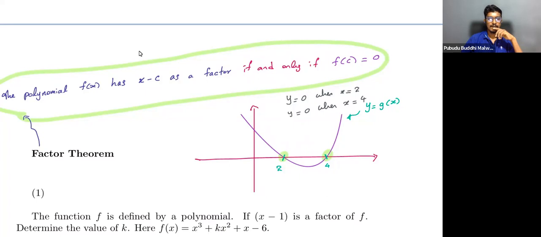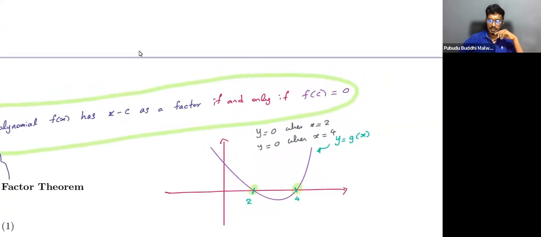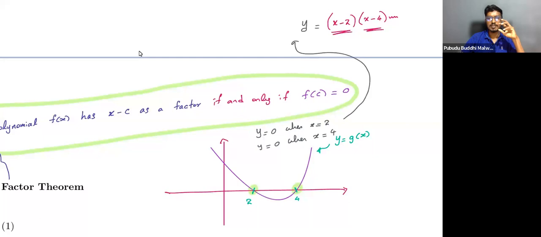So how would you get a 0 for y? To get a 0, I think y should have factors like this: x minus 2 and x minus 4. There can be other parts as well, but mainly these two factors should be inside y or inside g of x, same thing, right?